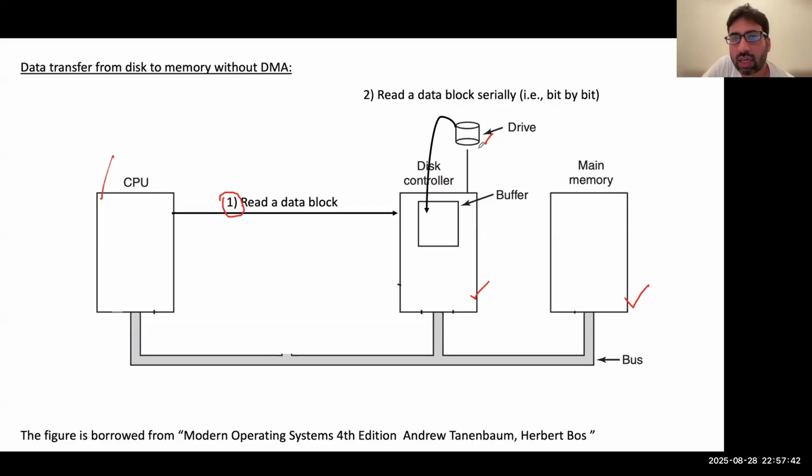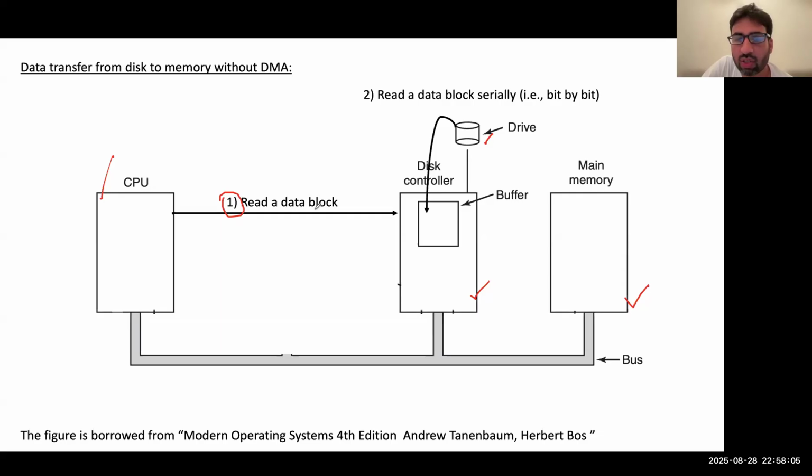And once the disk controller receives the request, it will read a data block serially, that is bit by bit. Remember that disks are serial devices. So the data is read from the disk drive and put into the local buffer of the disk controller bit by bit, until the required size of the data is available in the local buffer.